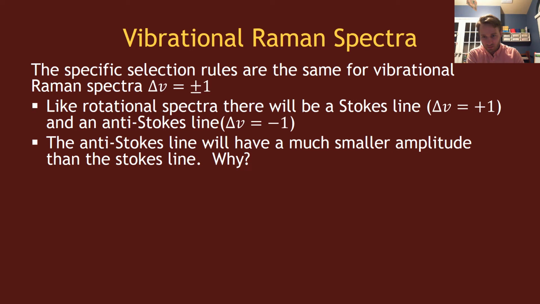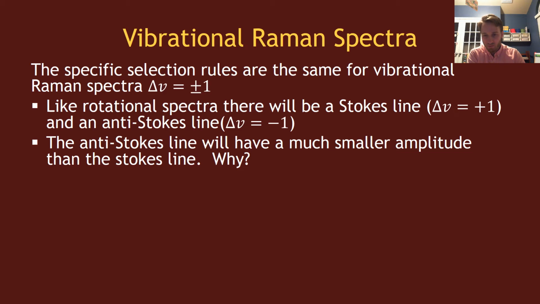I'm only going to get one peak because my change in energy is still just that h bar omega, still independent of my quantum number. The shift between the Rayleigh line and the Stokes, and the shift between the Rayleigh and the anti-Stokes, is going to be the same energy gap.